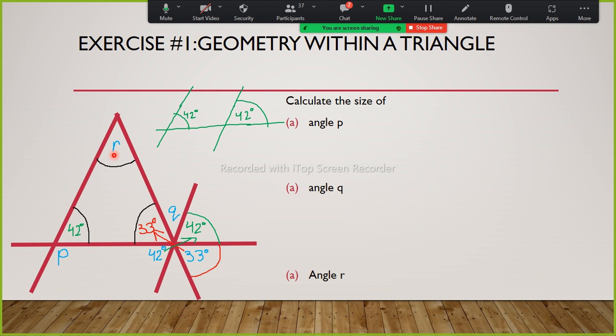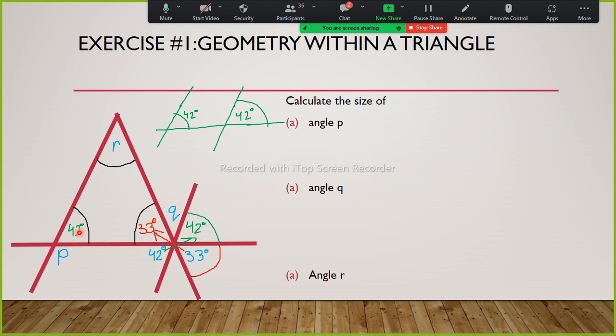So how are we going to get R? 180 minus 42, and this one is 33. Because we know that angles in a triangle add up to 180 degrees.